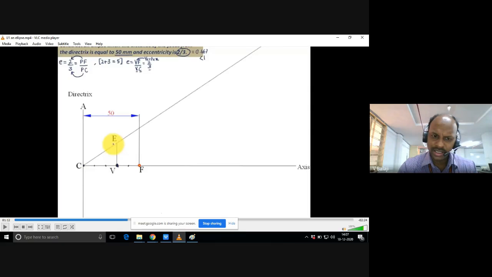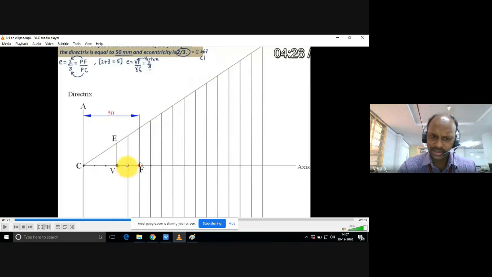After that, the next important step: you can take n number of points after the vertex, anywhere on the axis. Draw perpendiculars like this. After the vertex, I have taken the first line, second line, third line, fourth line, fifth line.